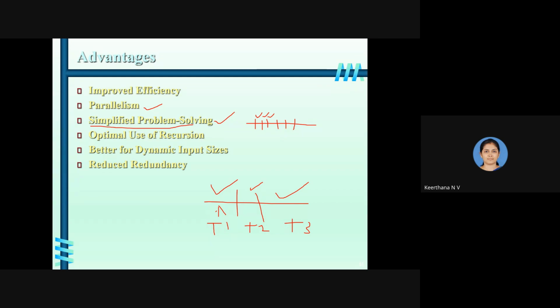The next one is optimal use of recursion. Here in the divide and conquer method, without recursion, no divide and conquer algorithm can be achieved. So the natural process of the divide and conquer method is recursion. Within that recursion, iteration can also be involved, as I discussed in the multiplication of integers.